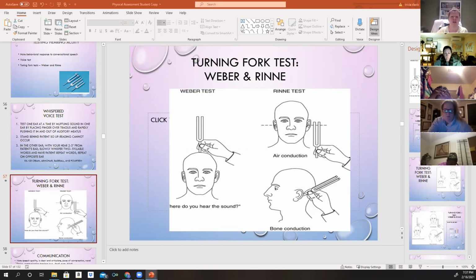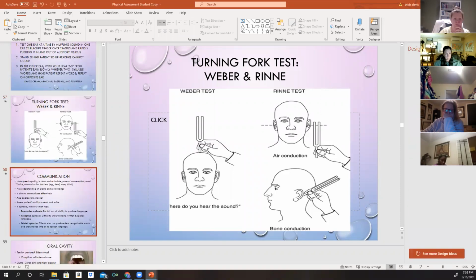And after the patient can no longer hear the tuning fork, you move the vibrating tuning fork to the adjacent ear canal and make sure that it's oriented in a position that is perpendicular to the ear. So you can see in that last picture. And then the patient should indicate when they can no longer hear the sound, which is conducted via the air. It's very complicated. I've never done it. You're never going to do it, but we just have to talk about it.